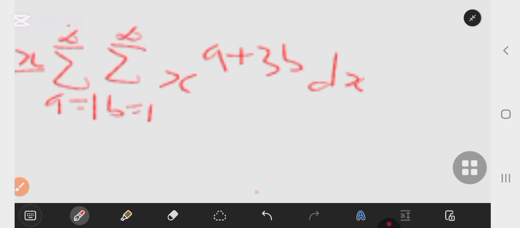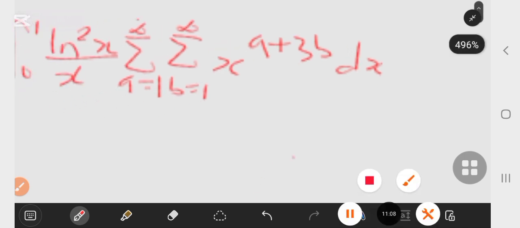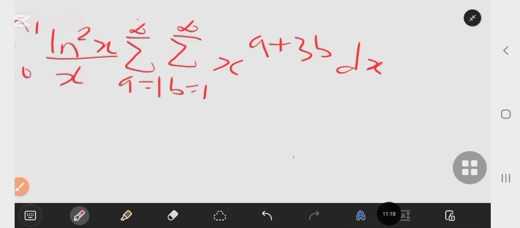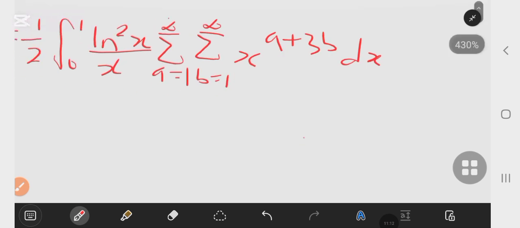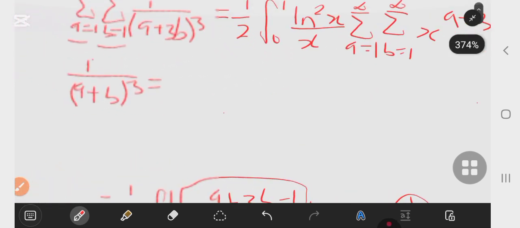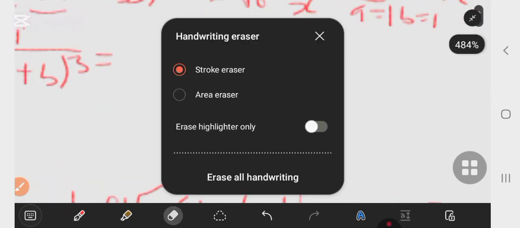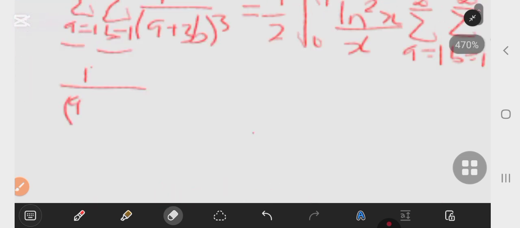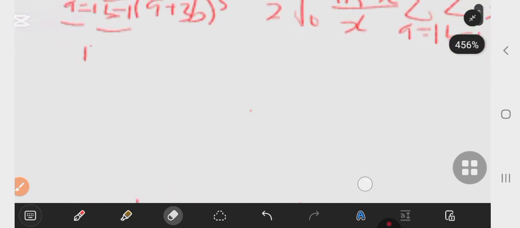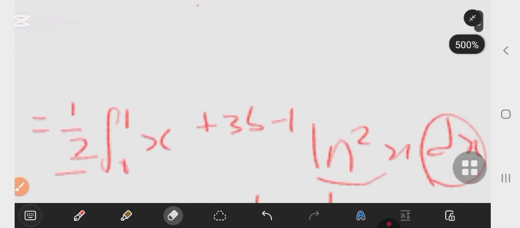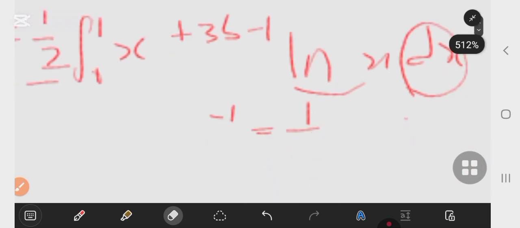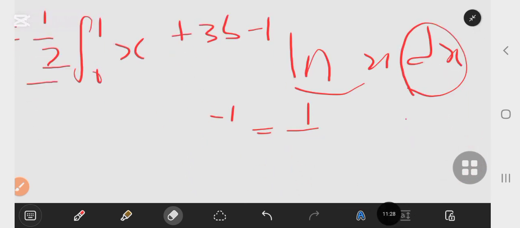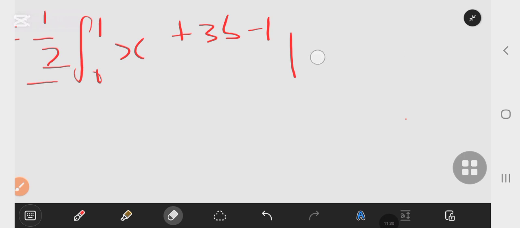Okay, now I've done a very important part of this sum, but there are still more to do. So from here, let me erase these parts, for I've already used them.